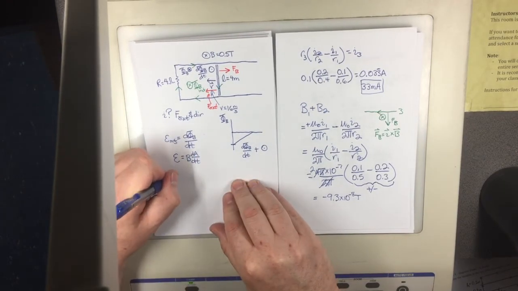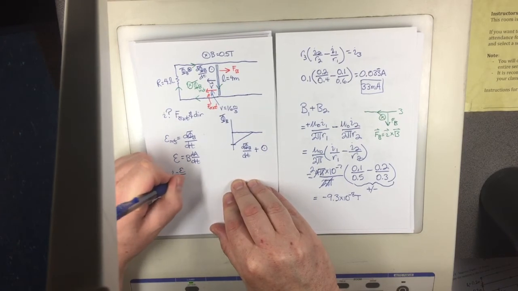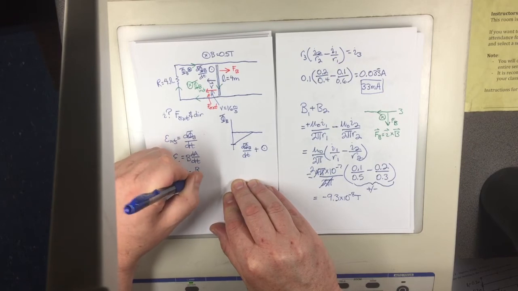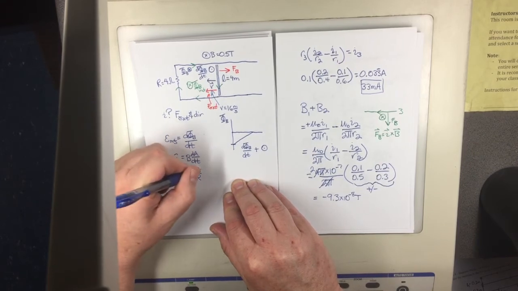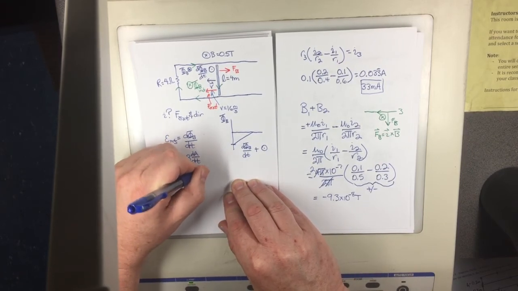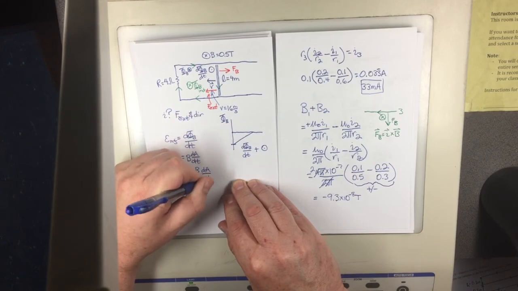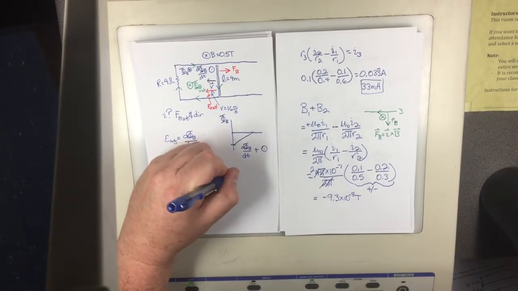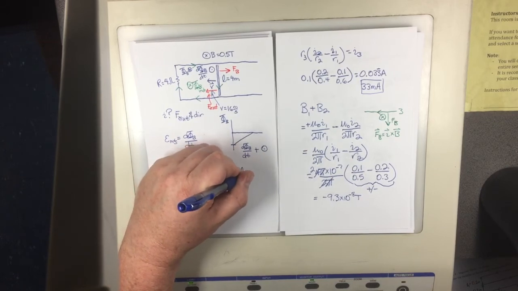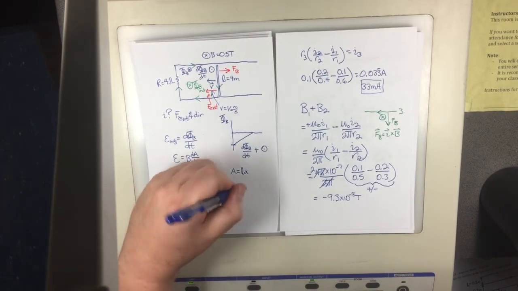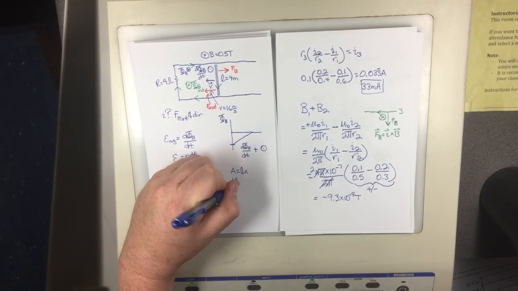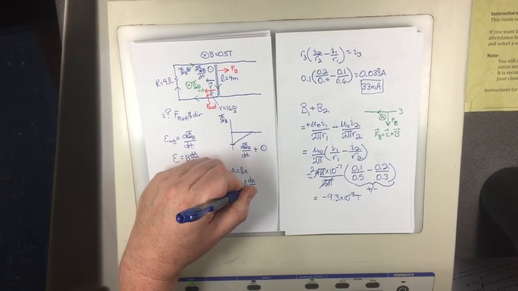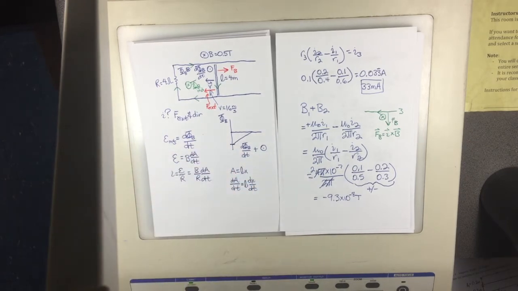Current is that, so current is this. Now area is L times X. So dA dt is L dx dt. L doesn't change, but X does.